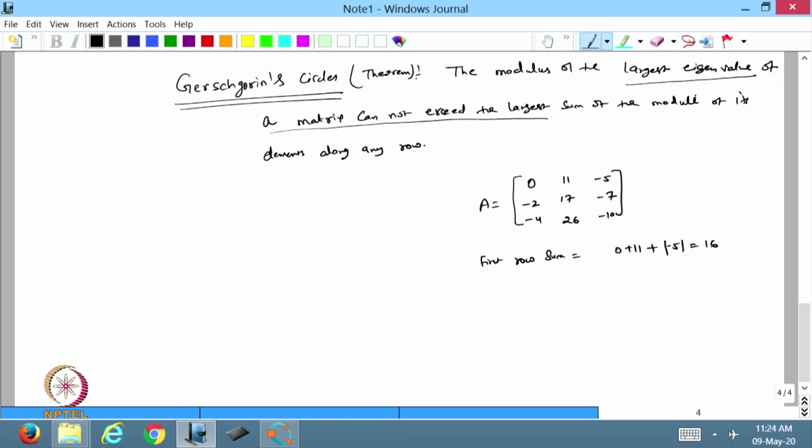So, 0 plus 11 plus modulus of minus 5 is 16. The second row is modulus of minus 2 plus 17 plus modulus of minus 7, which is 26. The third row is modulus of minus 4 plus 26 plus modulus of minus 10, which is 40.